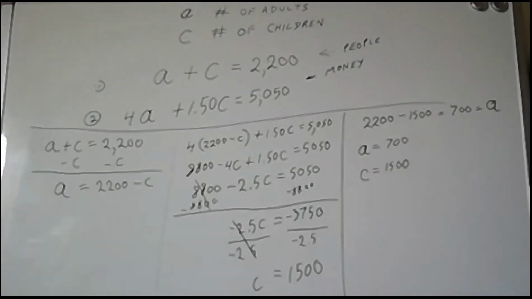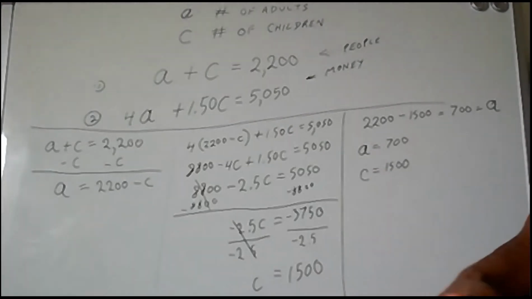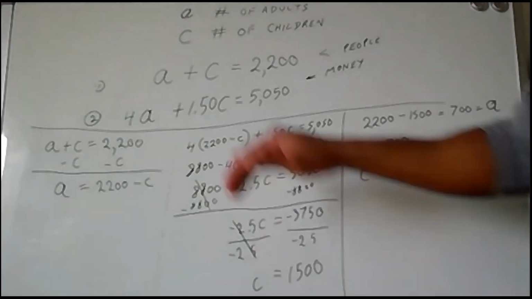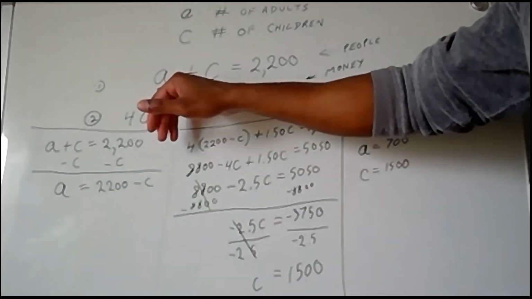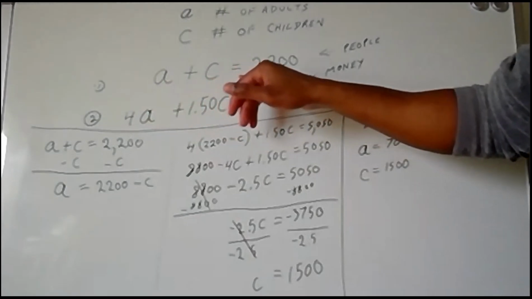And then we wrote an equation based on how many people there are. Because it told us that there were 2,200 people, we wrote the number of adults plus number of children is equal to 2,200.